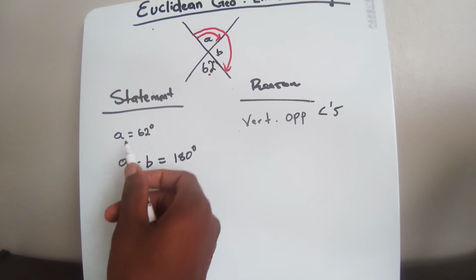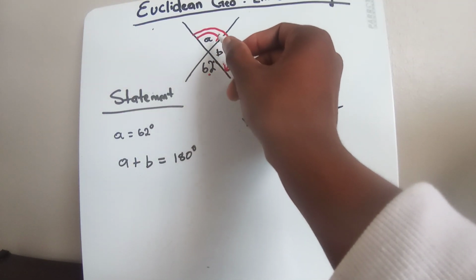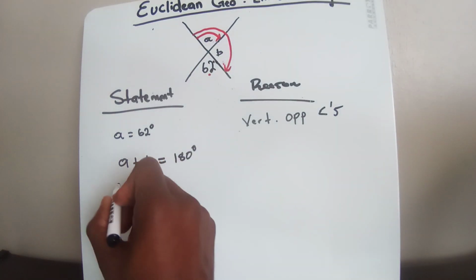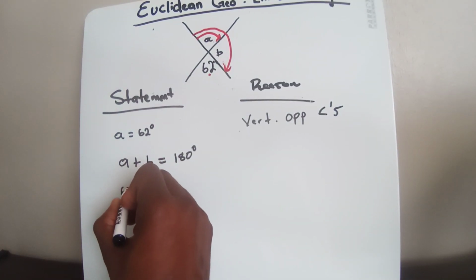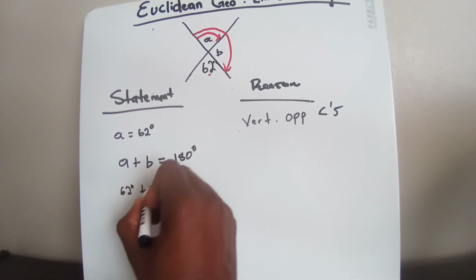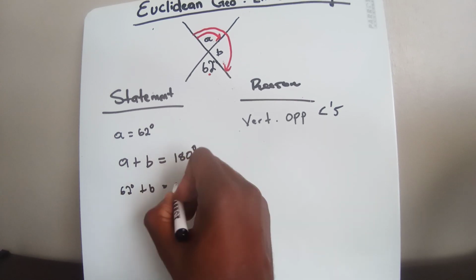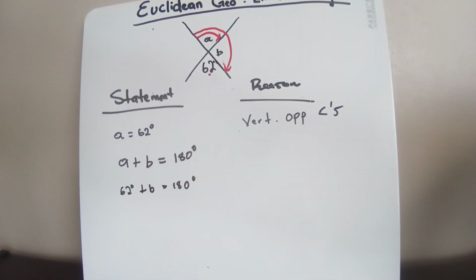Now we already know that we have A from our previous angle, which is the vertical opposite. So I'm going to substitute the 62 where I find my A. It's going to be 62 degrees plus B equals 180 degrees.